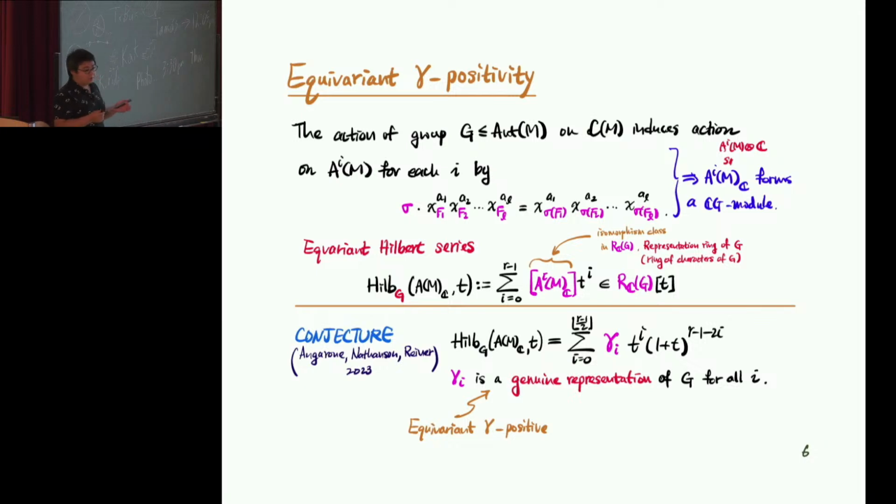So in general, it could just be some class function. It doesn't need to come from a character of G, but they conjectured that this gamma_i is actually a genuine representation of G. So it's really a character coming from a representation. And this is what we call equivariant gamma positivity.